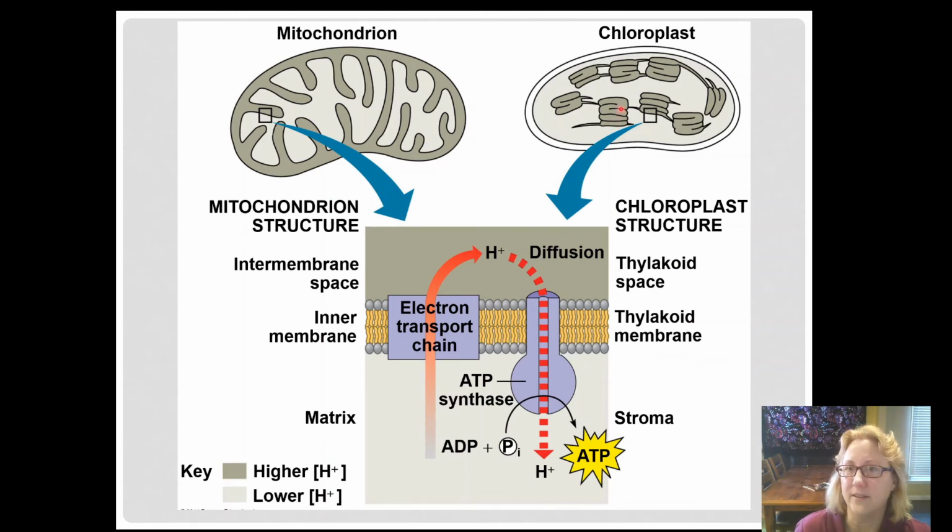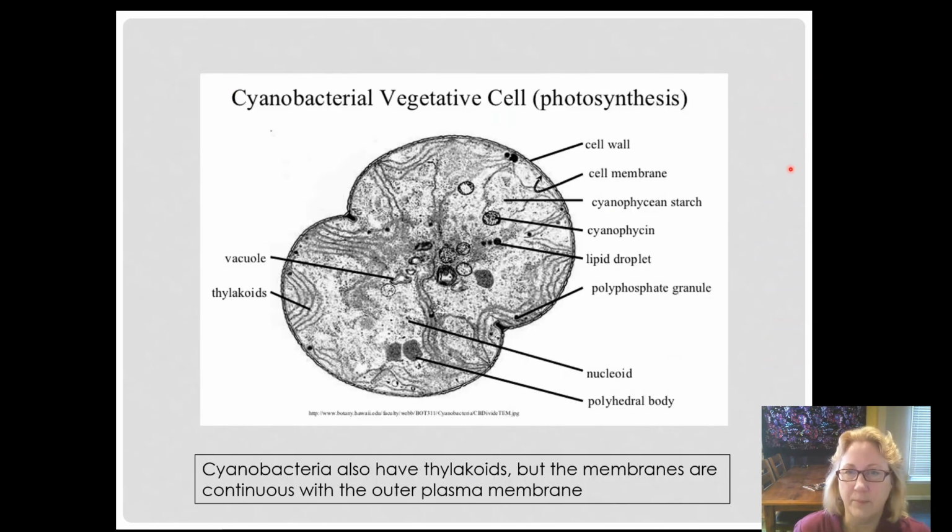And in fact, this space, the thylakoid space, as we call it, that's the space inside, is actually equivalent to this space. And that becomes more clear if we look at a cyanobacteria. So here's a close-up of a cyanobacteria. We call their foldings of the membrane thylakoids as well.